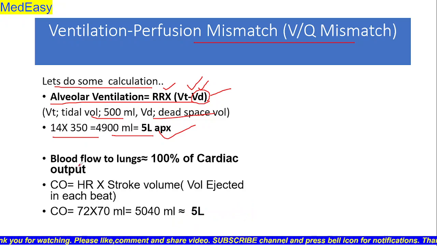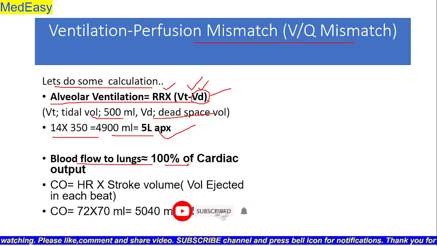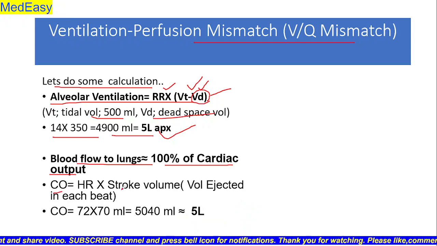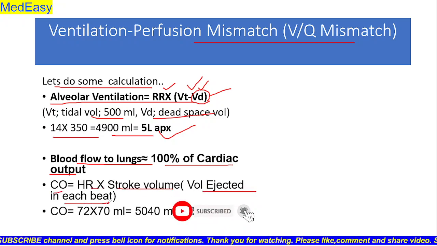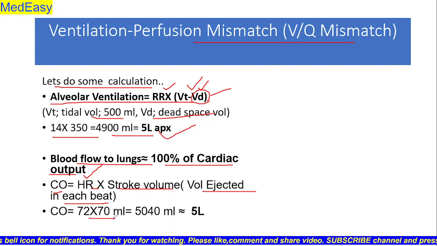Now, let us calculate how much blood goes to the lungs. Almost 100% of cardiac output goes to the lungs for oxygenation. Cardiac output is heart rate multiplied by stroke volume, that is the volume ejected in each beat. It is approximately 70 to 80 ml per beat and heart rate is 72. If we calculate this, we will find that it is also 5 liters.